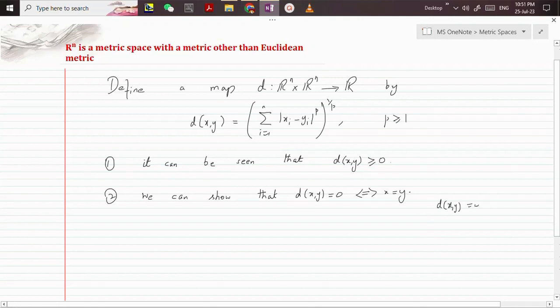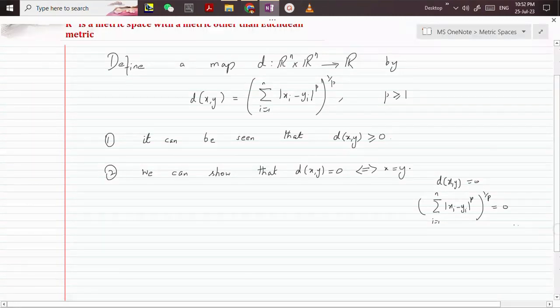So if D of xy equals 0, it means that the summation i from 1 to n mod of xi minus yi power p, whole power 1 by p equals 0. So this is possible because when we take power p on both sides, this value equals 0.